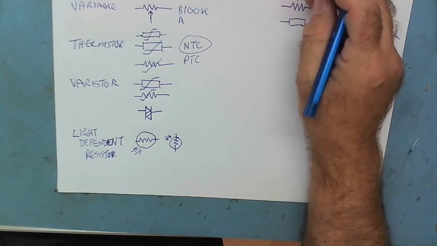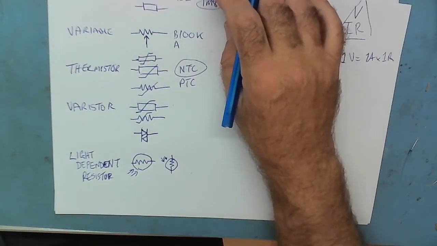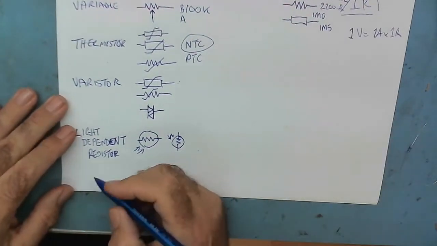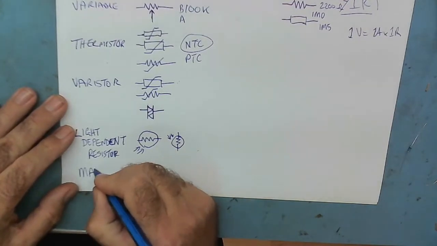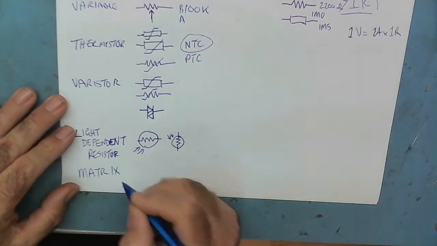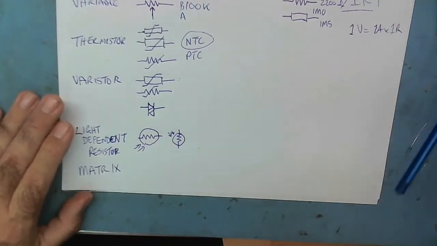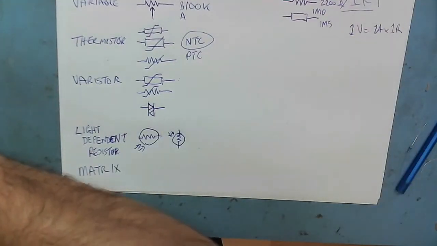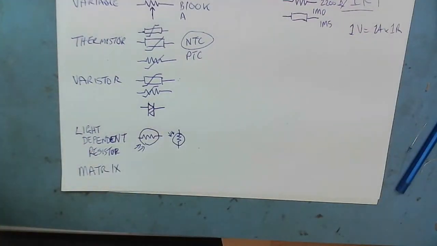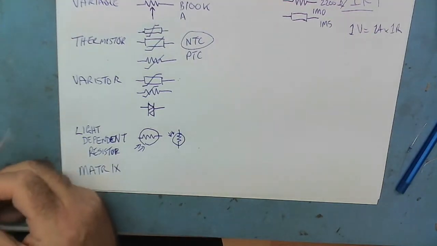One more type of resistor I need to mention, and it's not one resistor, it's a matrix. You see a lot on motherboards and that sort of thing. I've got some matrices here, but these are not the type you normally see on motherboards, maybe on older motherboards.